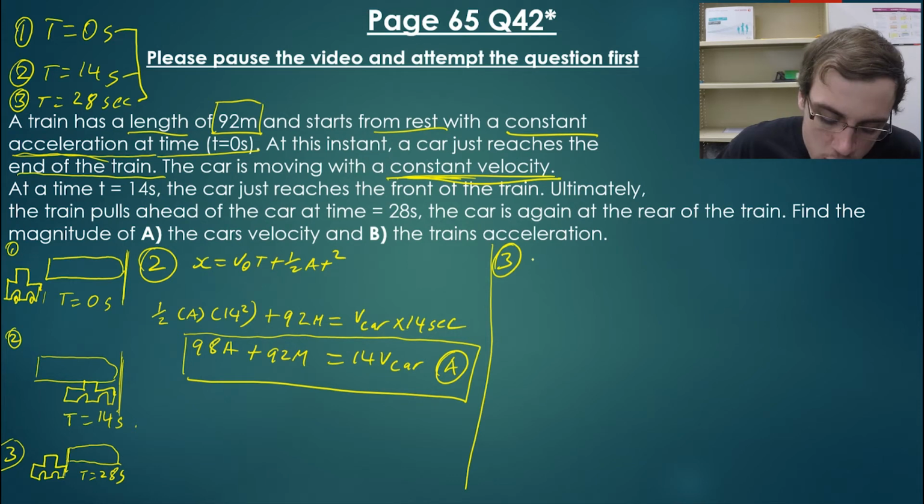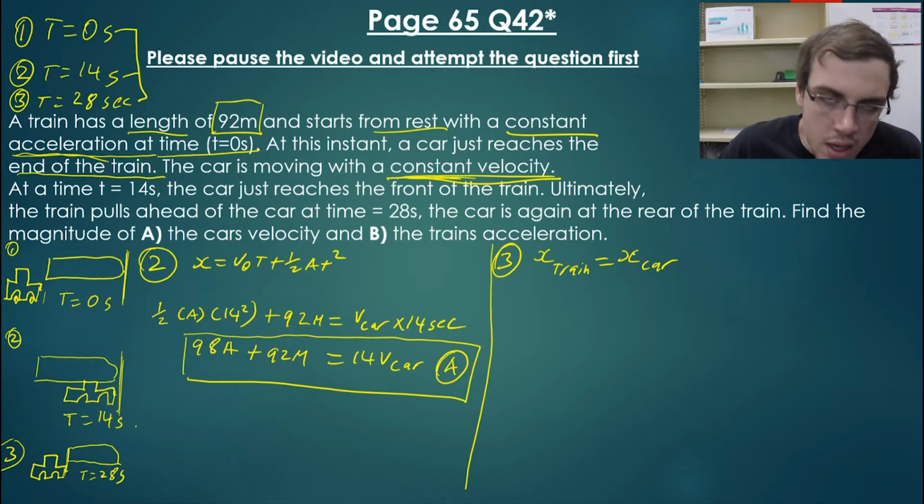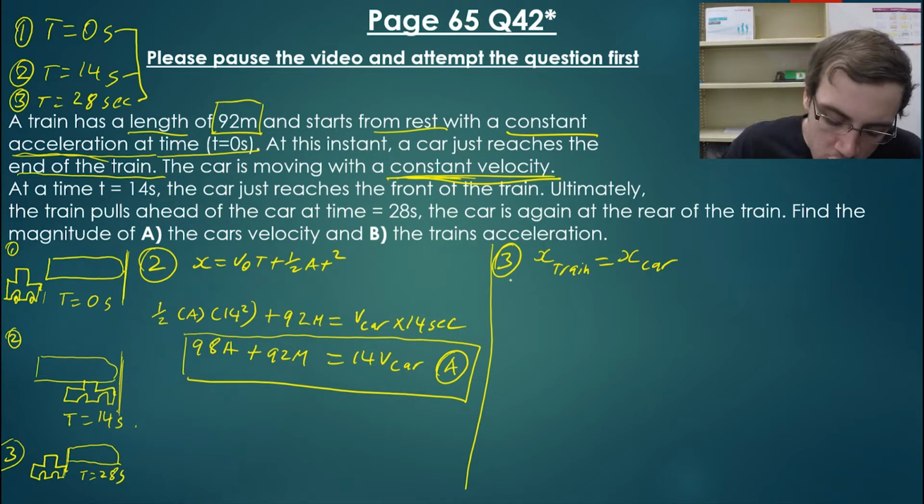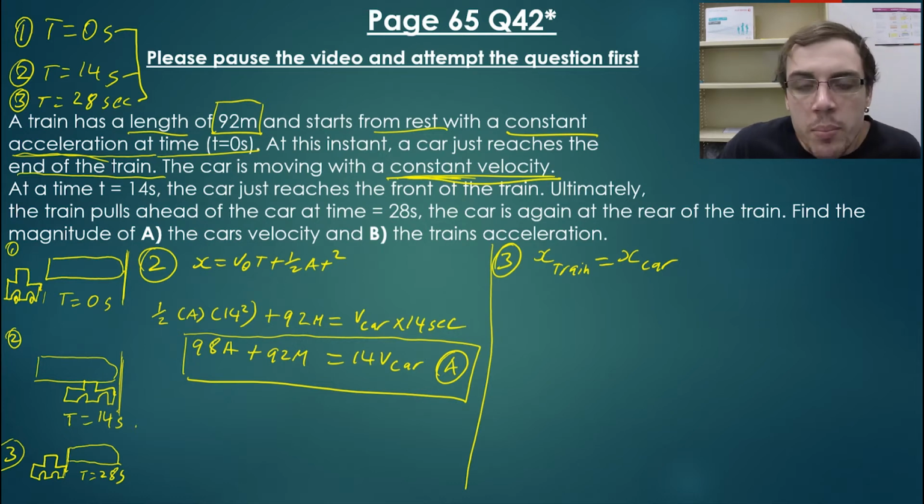So how we do that is we look at our displacement again. We know that the displacement for the train is going to equal the displacement for the car. Because we know that our displacements are going to be the same, so they're both going to be traveling the same amount of distance, we can use the same formula that we used over here, but we're going to compare it at 28 seconds.